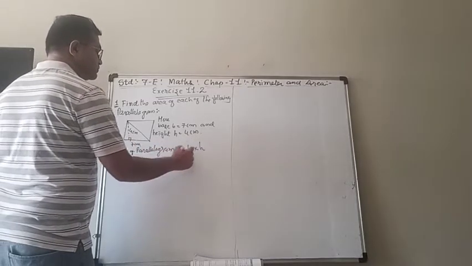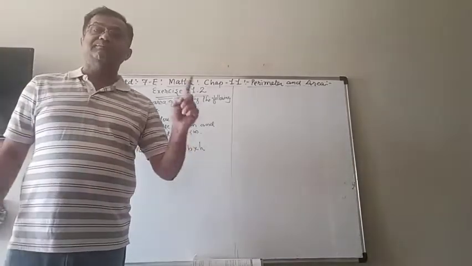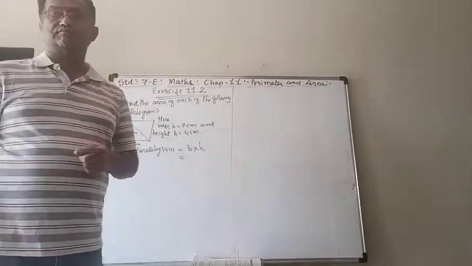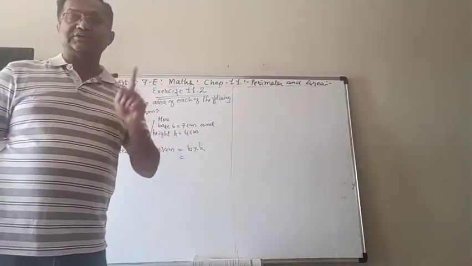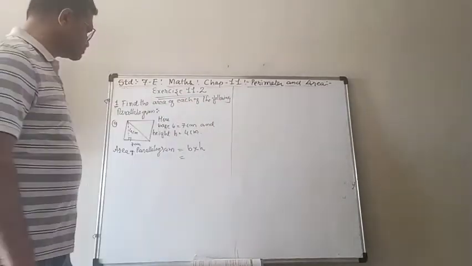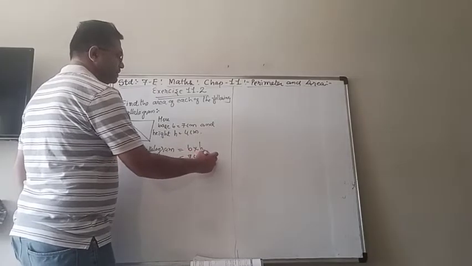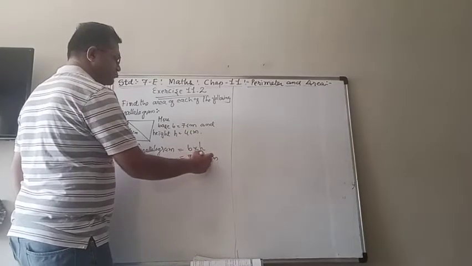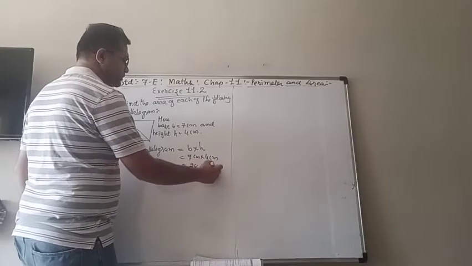B into H. Be careful between the formulas of parallelogram and triangle. In triangle it is 1 by 2 into B into H. In the parallelogram there is no 1 by 2, only B into H. So that is 7 centimeter multiplied by 4 centimeter. 7 4s are 28 centimeter square.